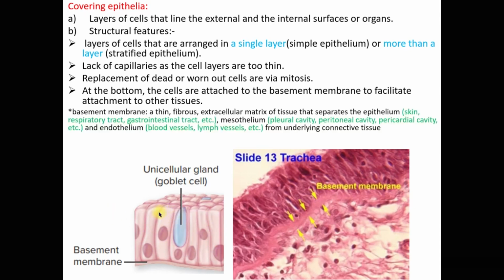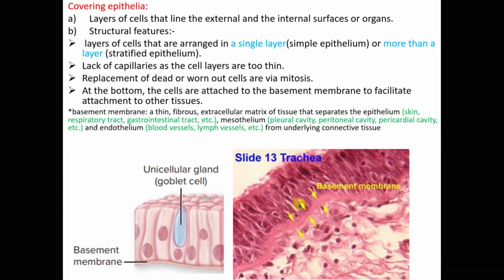Now you might be wondering, what is the basement membrane? The basement membrane is a thin, fibrous extracellular matrix of tissue that separates the epithelium, mesothelium, and endothelium from underlying connective tissues. This epithelium, mesothelium, endothelium, you will learn in detail in the second semester.